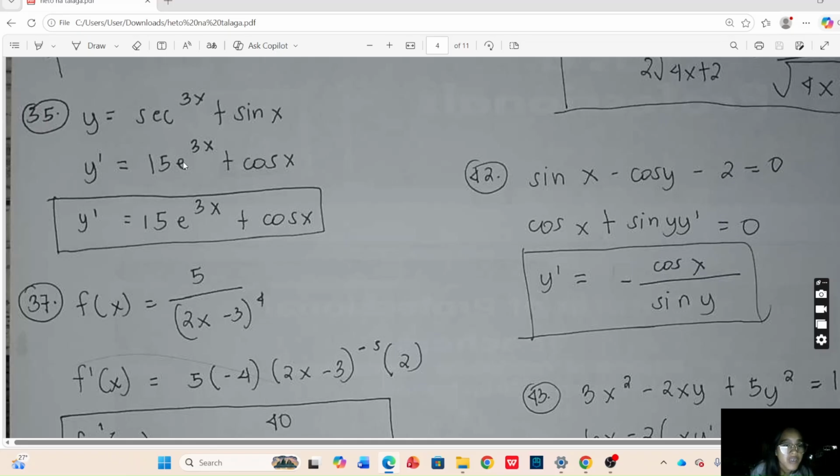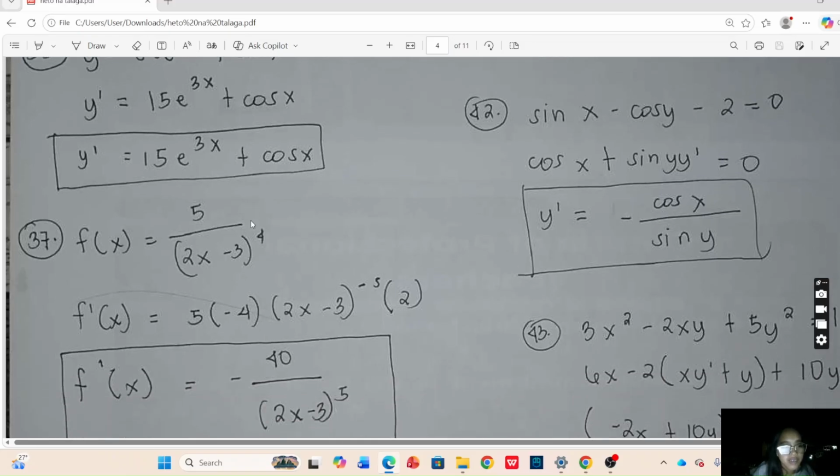The derivative of this is 15 e raised to 3x, and then the derivative of sin x is cosine x. Since we need to differentiate it term by term, we can obtain the answer easily. So that would be y prime is equal to 15 e raised to 3x plus cos x.